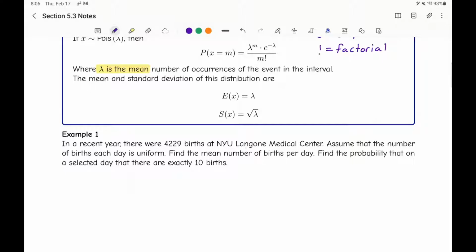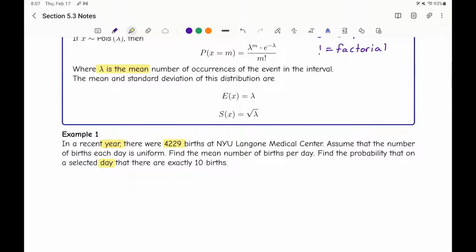Here they gave us the average in years, but I'm looking for the probability of a day. This is common for Poisson distributions, where it gives you the average in one unit of measurement, but you need to convert it to another unit of measurement.